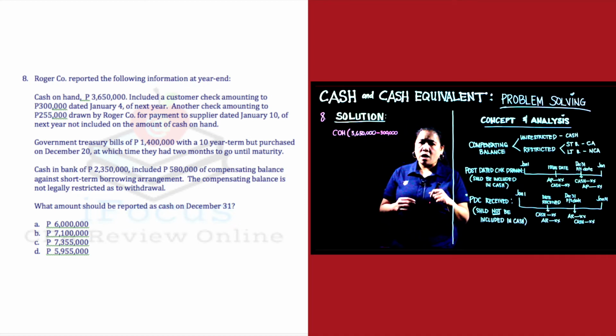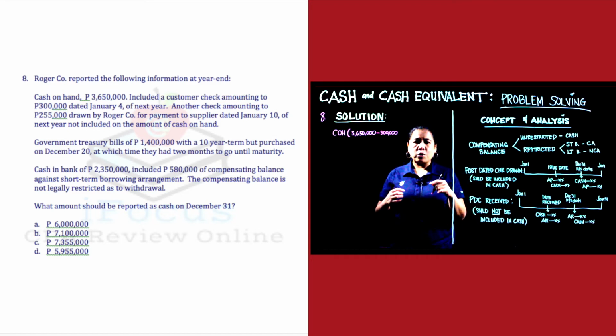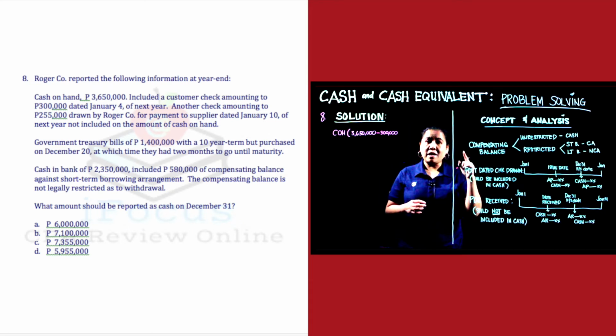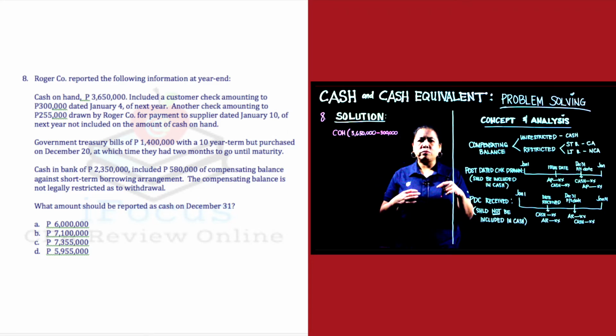Another check amounting to 255,000 drawn by Roger Company for payment to supplier dated January 10 of the next year, not included on the amount of cash on hand. Ano itong 255,000 na ito?